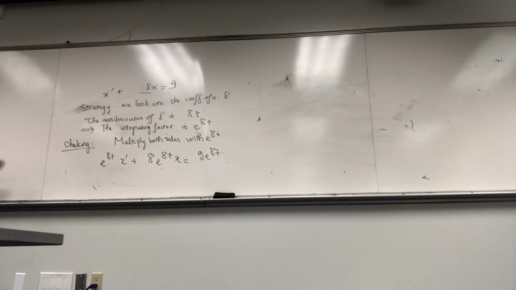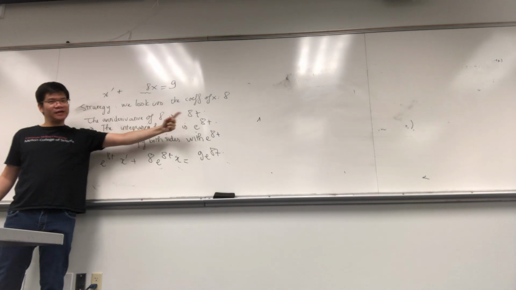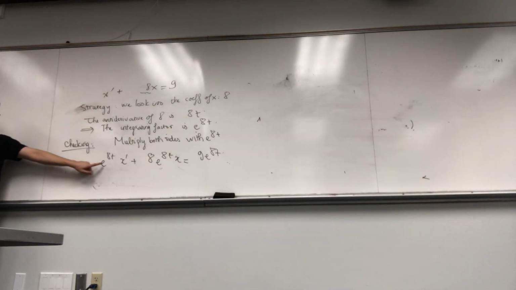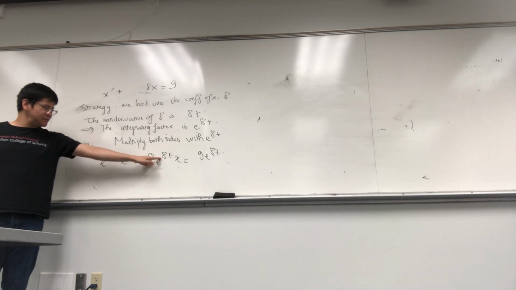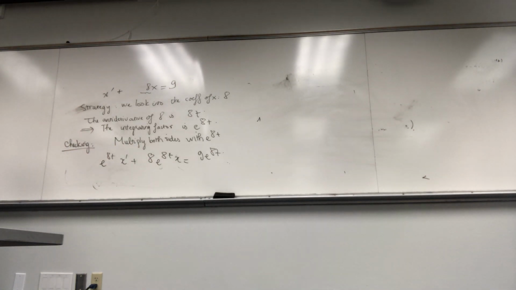Right? So to find the integrating factor again, you just look into this number 8, you take the antiderivative, which is 8t, and you take the exponential of that function. Now we're going to check. We have e^(8t) x prime plus 8 e^(8t) x, and this is equal to 9 e^(8t). So what is 8 e^(8t)?